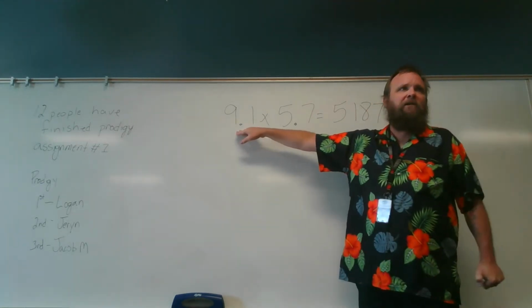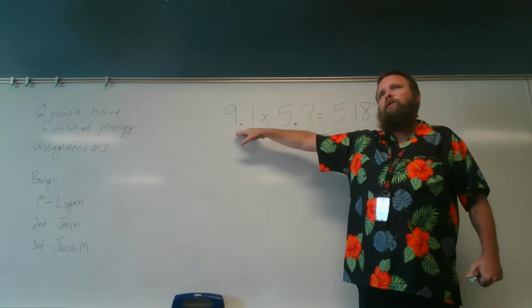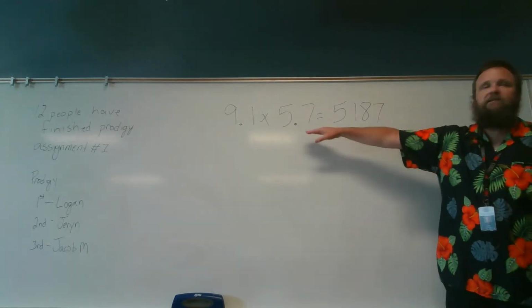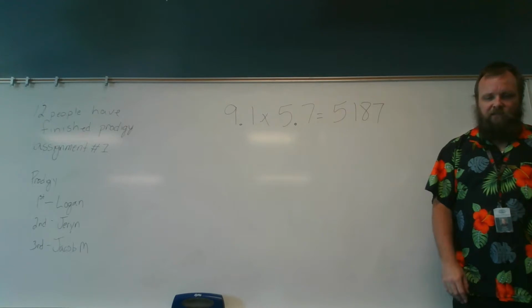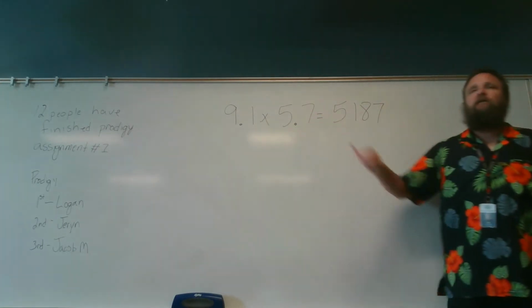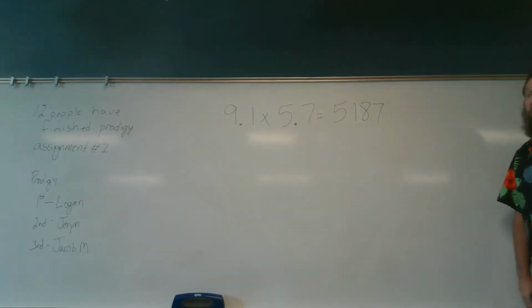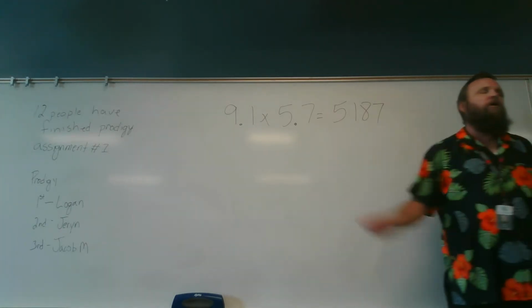Tristan, how do you say this factor? 9 and 1/10. Phoenix, how do you say this factor? 5 and 7/10. So we want the product of 9 and 1/10 and 5 and 7/10. Taylor, where do you think the decimal point should go?